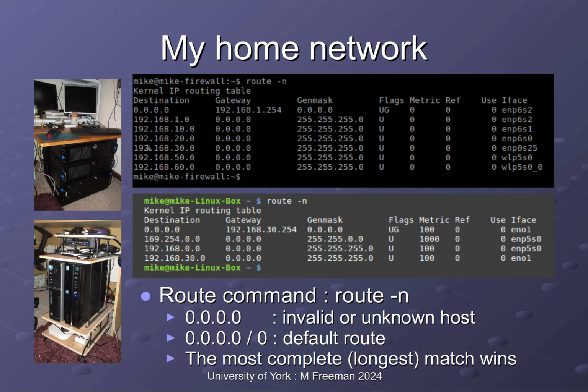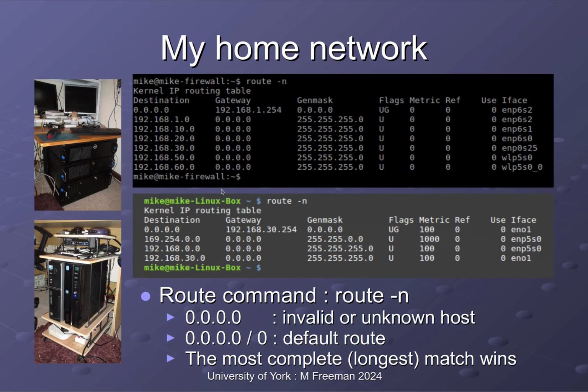So it's trying to match the incoming packet's network ID to something it knows about. So if the first 24 bits are 192.168.30, it knows that it has to shove that packet out on this interface here, as this machine is connected to a switch that joins these machines together for this particular subnet. So the longest match wins.